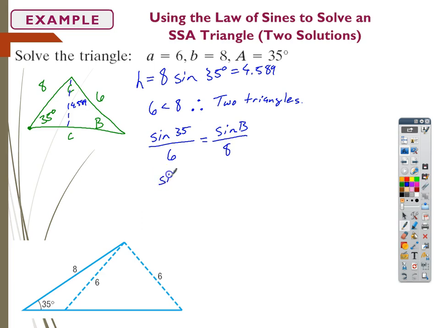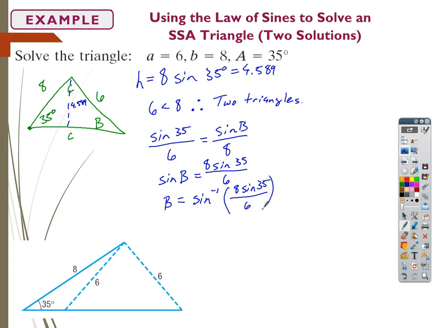This time what I find out is that sine of b is equal to 8 times sine of 35 divided by 6. But my other problem now is this, that I don't want just sine of b, I want b. So I need to undo that by doing arc sine. So b is equal to the inverse sine of this big giant mess.